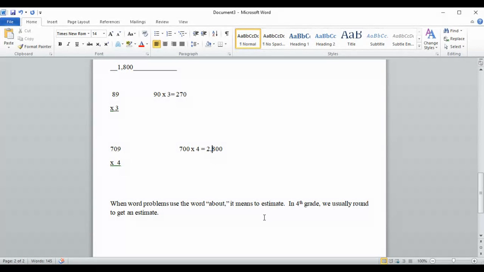One of the questions here is, about how many pencils does someone have? Well, you know you're going to have to round something. They do not want an exact answer. So don't forget that. When you see the word about, you're going to have to round, and that will make it easier to get your final answer.